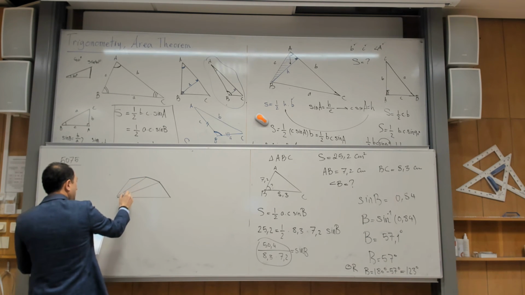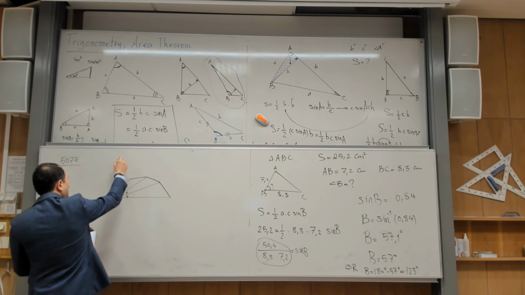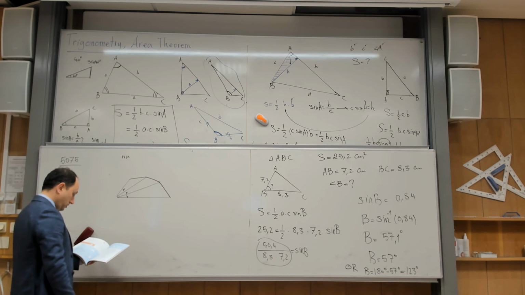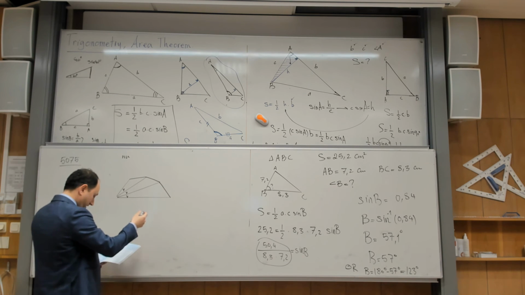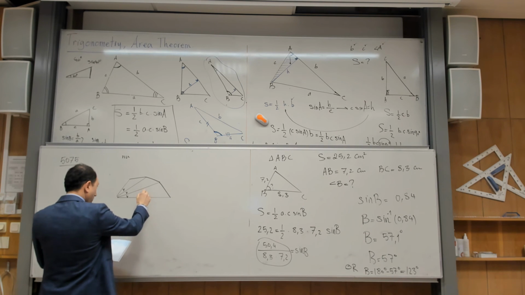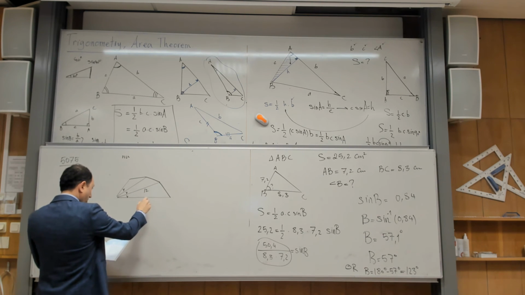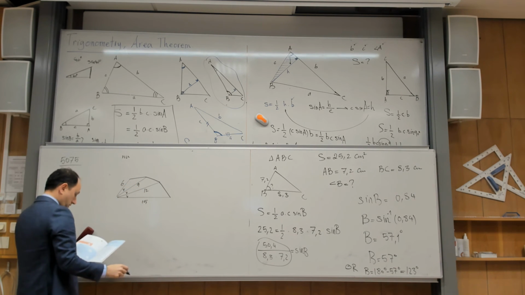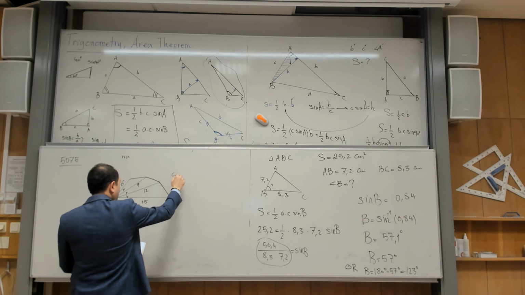This angle is given to be nu, the Greek letter. It's not a V, but you can call it V. This side is 15, this is 12, and then 0.9 and 6, and everything is in centimeters.